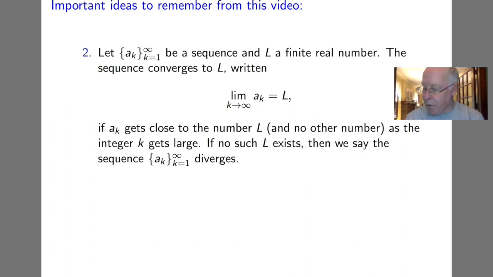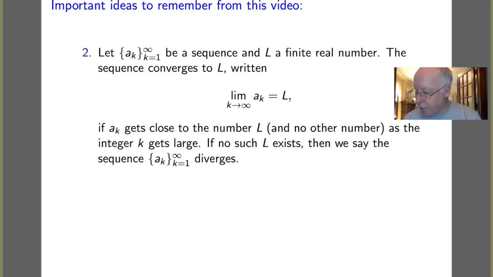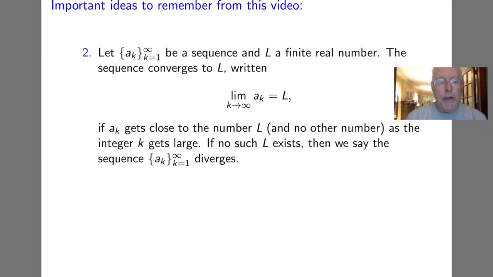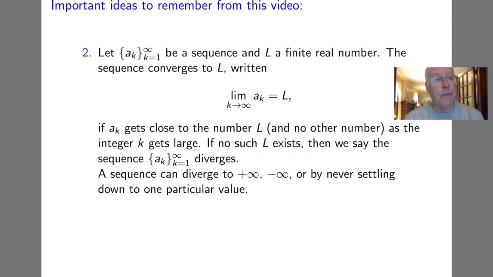And if no such L exists, or the sequence diverges to plus or minus infinity, we say that the sequence diverges. Recall from the second example, a sequence can diverge to infinity, could also go to minus infinity, and it's possible that it never settles down to one particular value, and may oscillate between several values, two or more. In any of these cases you'd have a limit not existing.